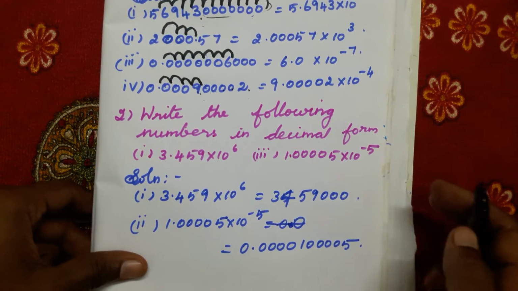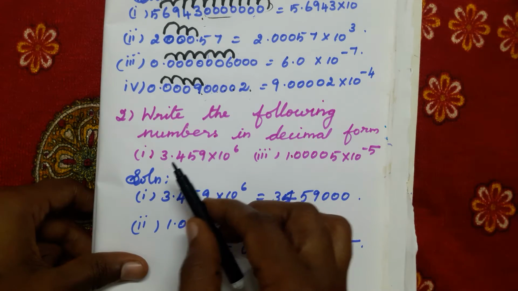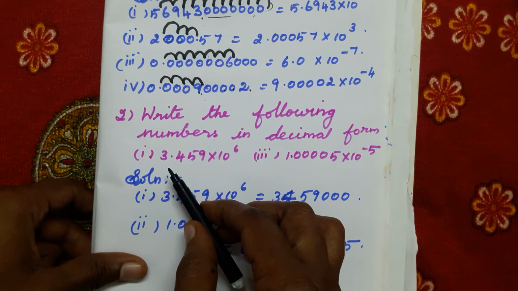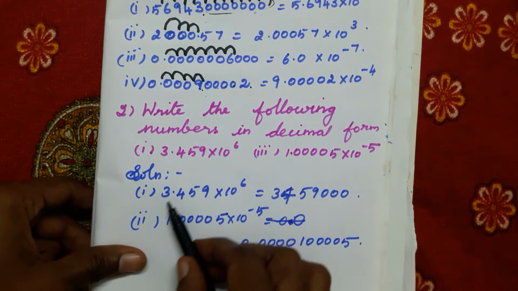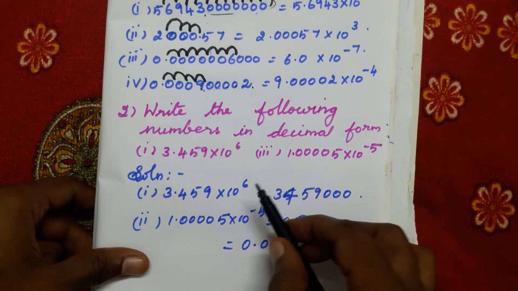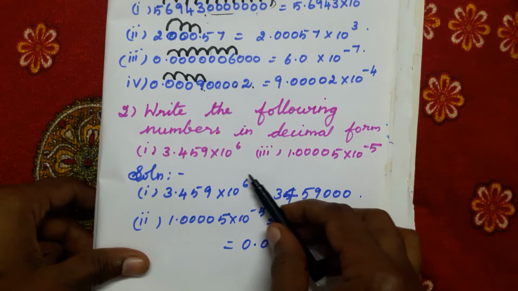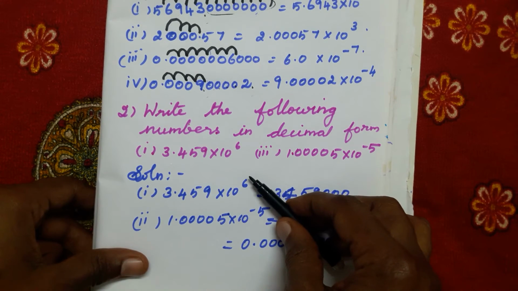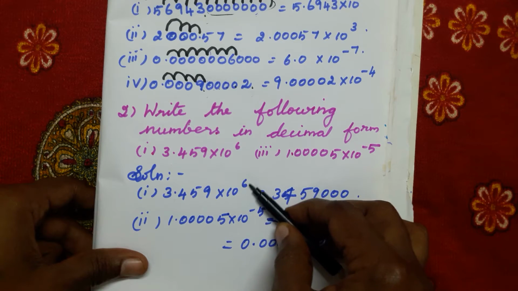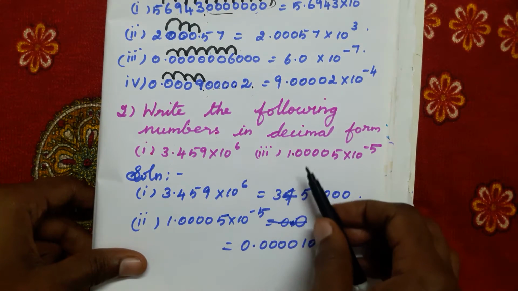Second question, write the following numbers in decimal form. The second and fourth we have already completed. First problem, 3.459 into 10 power 6. We want to convert into decimal form. Power positive is given, which means we want to move the decimal point right.